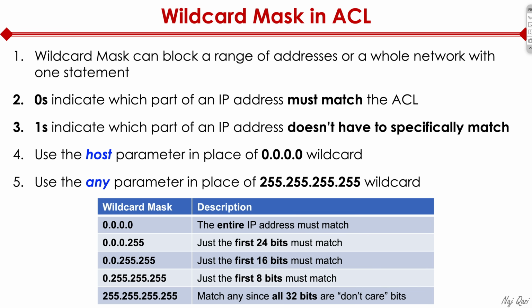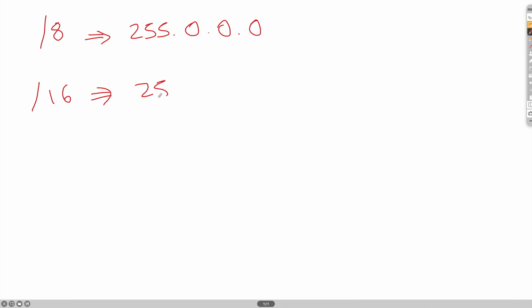Now let me do some quick whiteboarding to explain wildcard mask compared to the standard subnet mask that we are used to. So if you look at a subnet mask, let's say a /8 subnet mask, what do we have? We have 255.0.0.0. If we have /16, that's 255.255.0.0.